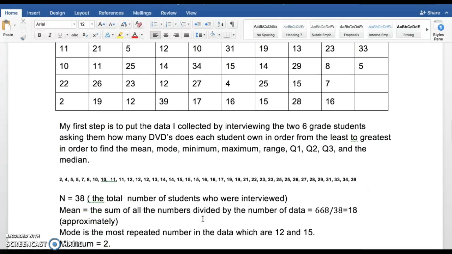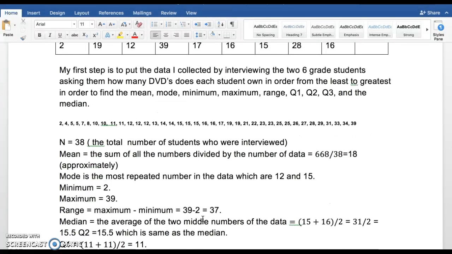My first step is to put the data I collected by interviewing the 6th grade students, asking them how many DVDs each student owns, in order from the least to the greatest, in order to find the mean, mode, minimum, maximum, range, quartile 1, quartile 2, quartile 3, and the median.